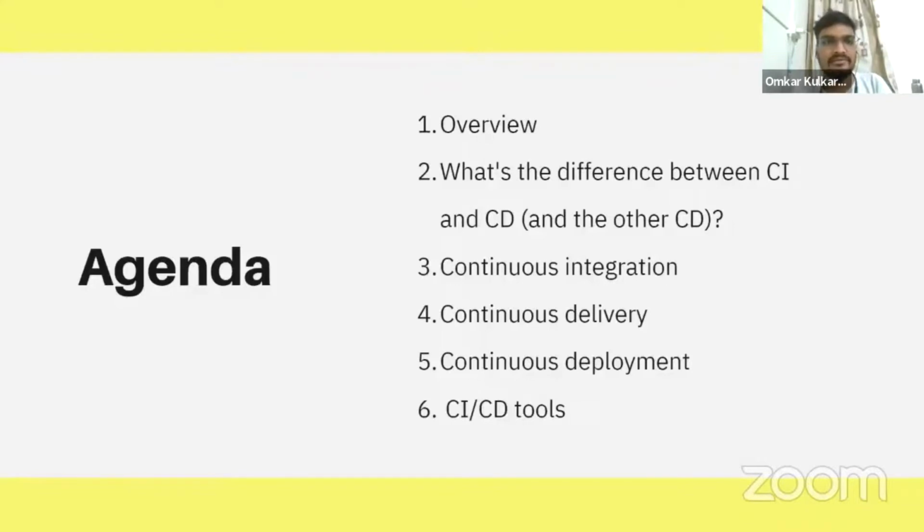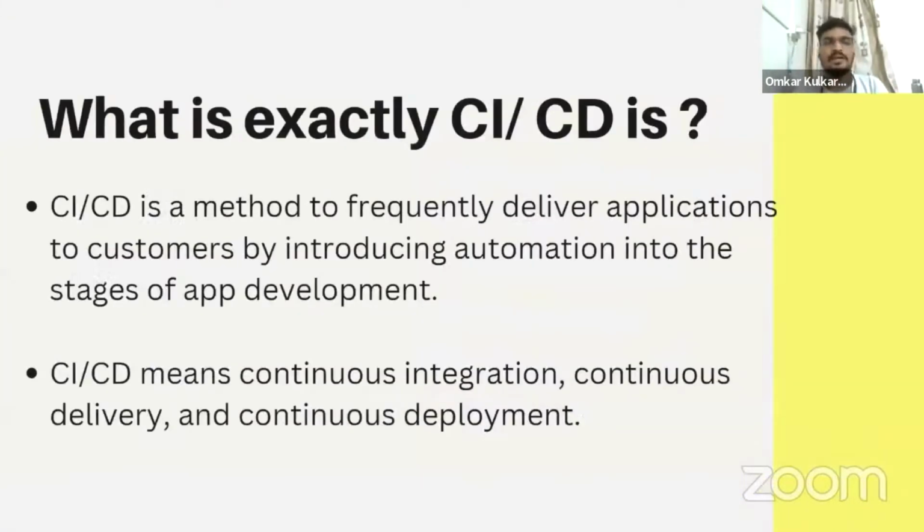So let's dive into what exactly CI/CD is. CI/CD is a method of frequently delivering applications to customers by introducing automation into the stages of app development. The main concepts attributed to CI/CD are continuous integration, continuous delivery, and continuous deployment.